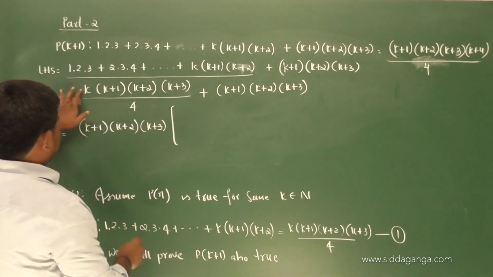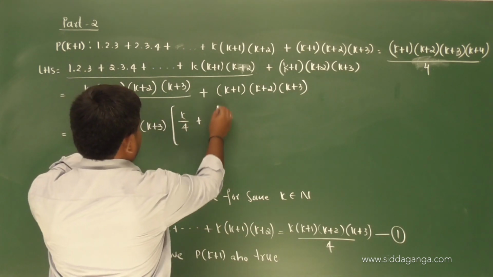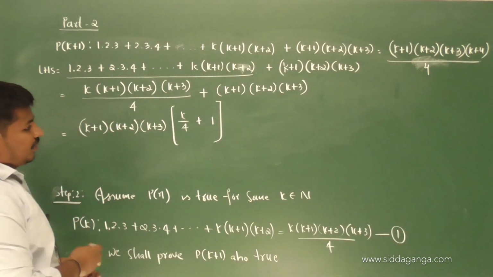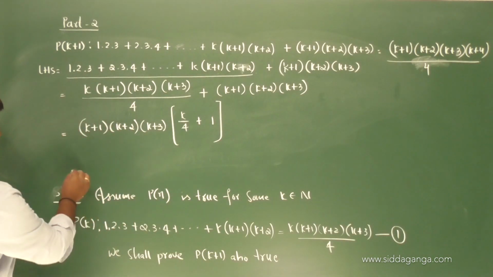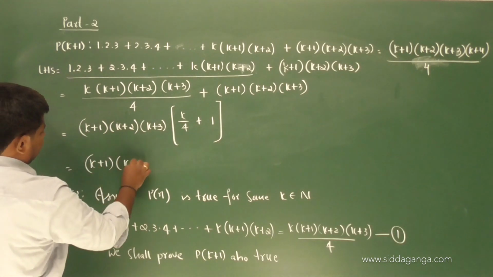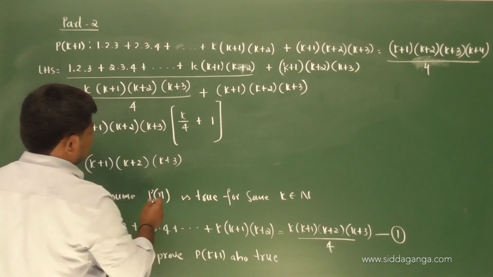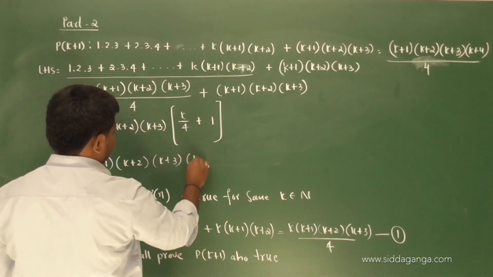So what is remaining here? K by 4 is remaining, the first term, plus here we have 1. And this gives k plus 1, k plus 2, k plus 3, here k plus 4 divided by 4.